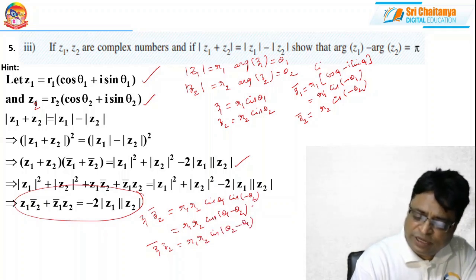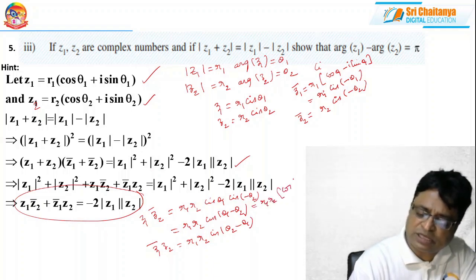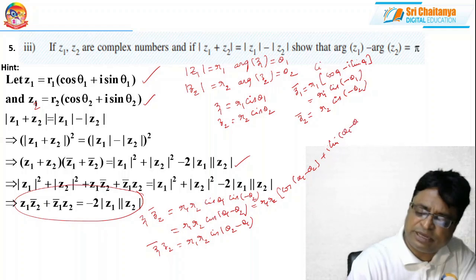This also I can write as r1 r2 into cos of theta 1 minus theta 2 plus i into sine of theta 1 minus theta 2.